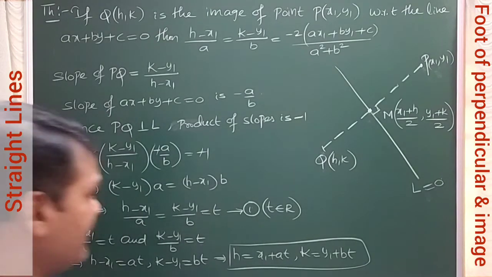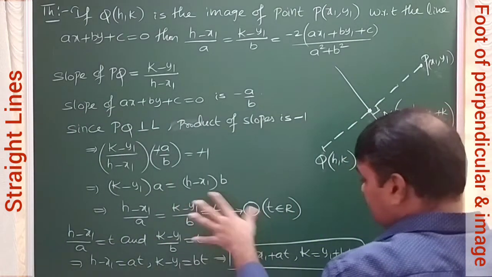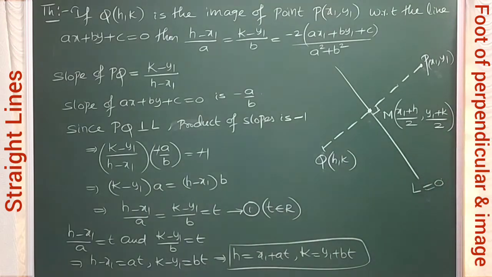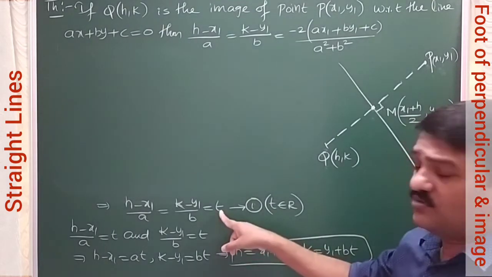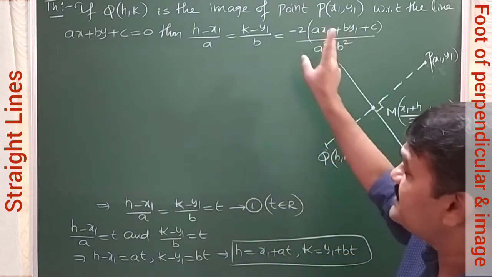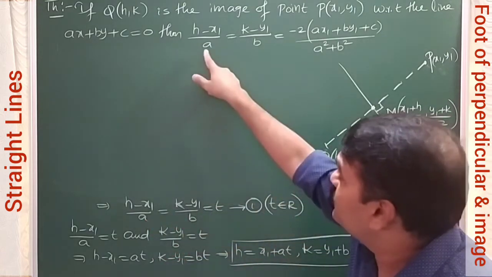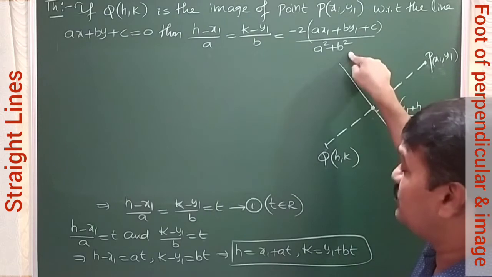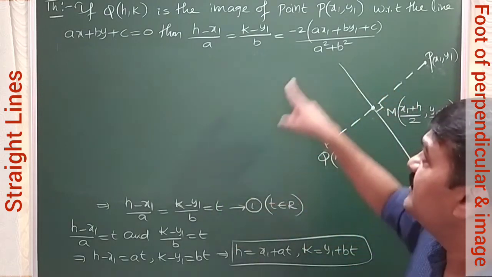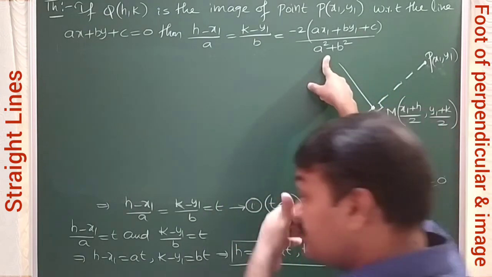Okay, so I will just keep this part and I will try to simplify the remaining part now. Now our aim is actually to find t. When you find the t value, our proof is completed. Only this we have to get now, means the t value we have to find, which must be equal to this.